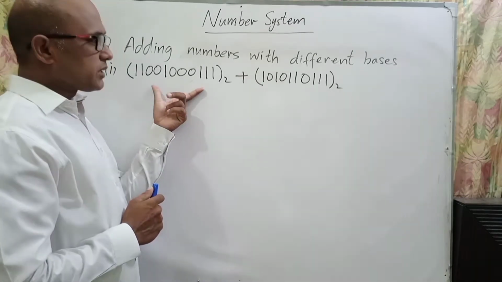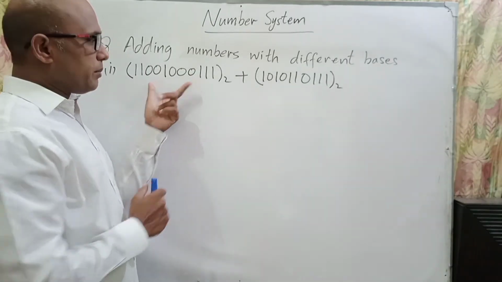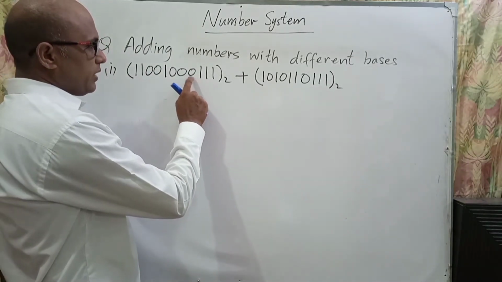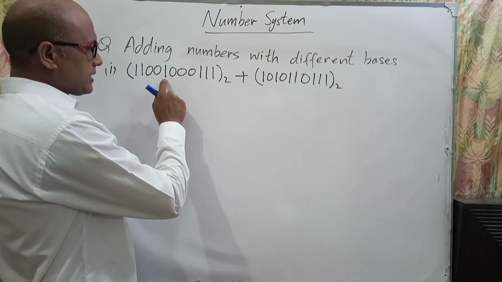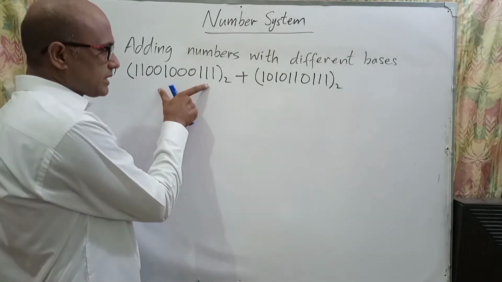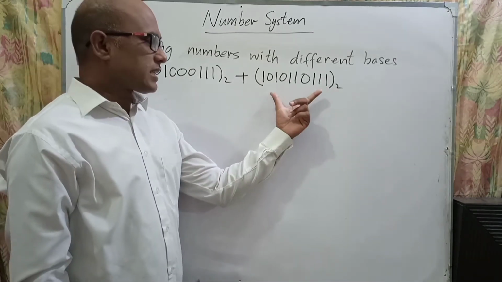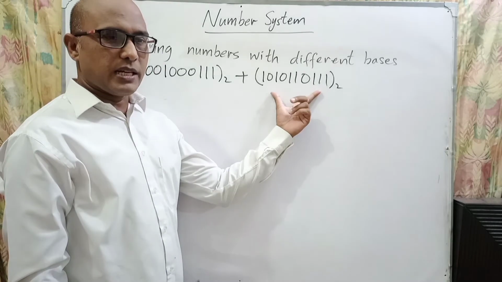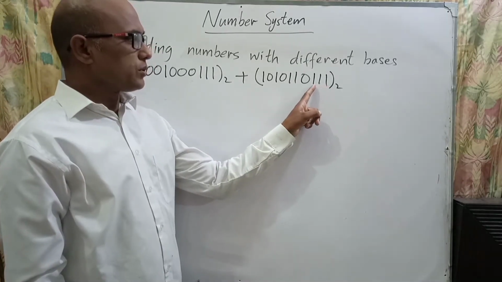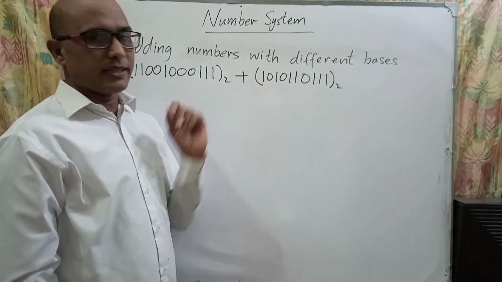First of all, students, we have to count the digits of the number: 1, 2, 3, 4, 5, 6, 7, 8, 9, 10, 11. In this number, there are 11 digits. Let's count the digits of the other number: 1, 2, 3, 4, 5, 6, 7, 8, 9, 10.